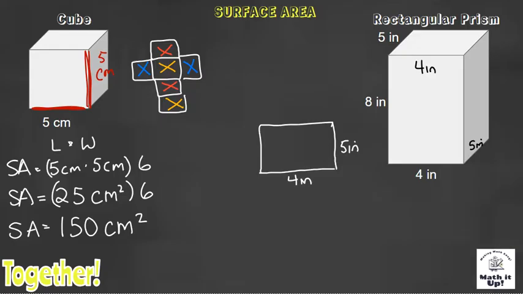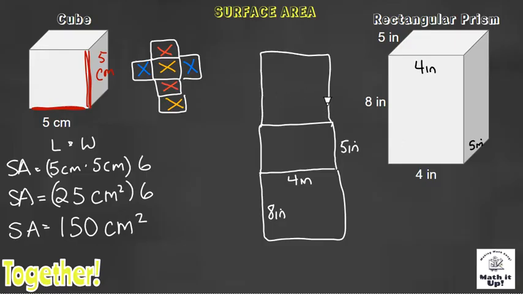And then we have to think about the sides of this. Coming out from this 4 inches, here we have this long side that has 8 inches in its length. And we have another one that looks just like that here. This is all 4 across here.